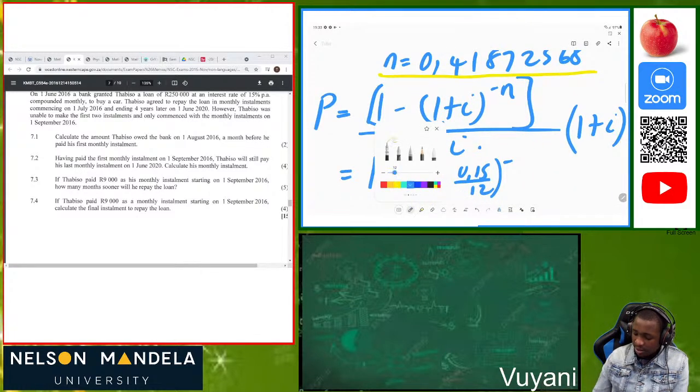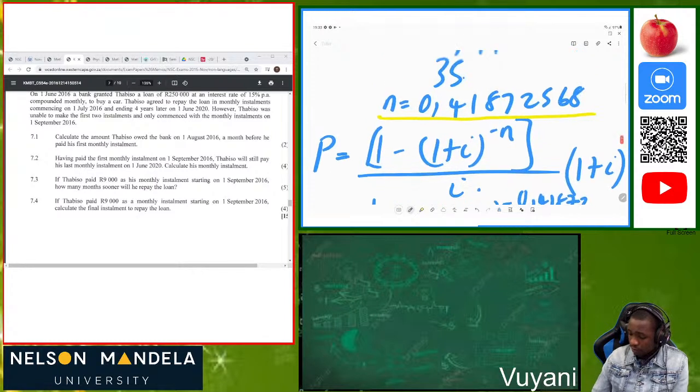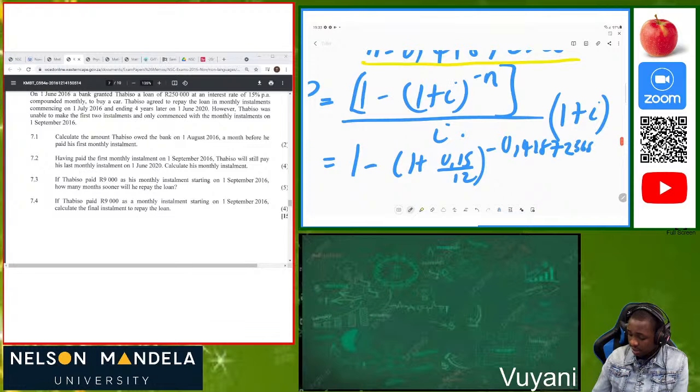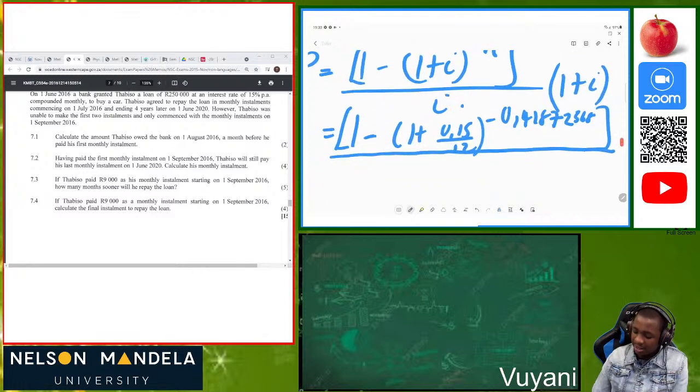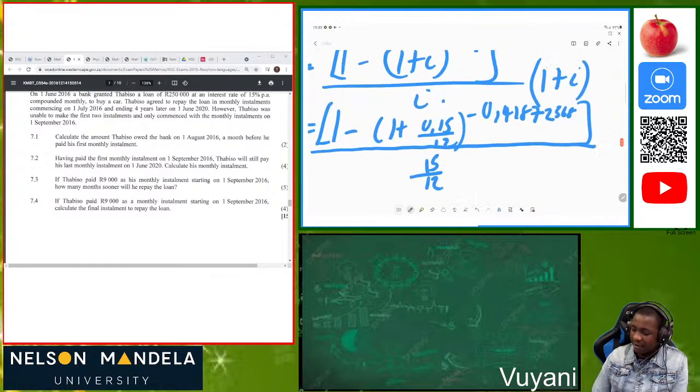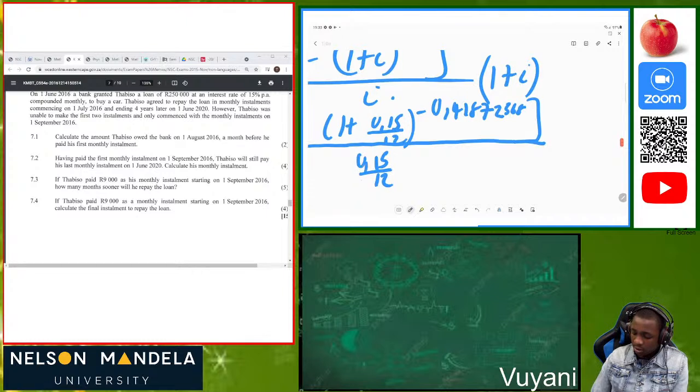Please don't forget that. So calculating for the fraction will be 0.41872568. Please, I beg you guys, please don't round off before the final answer. You're gonna end up having the wrong final answer.